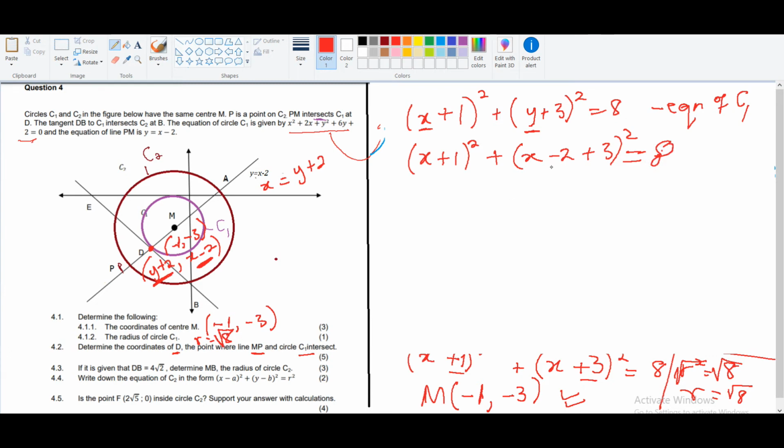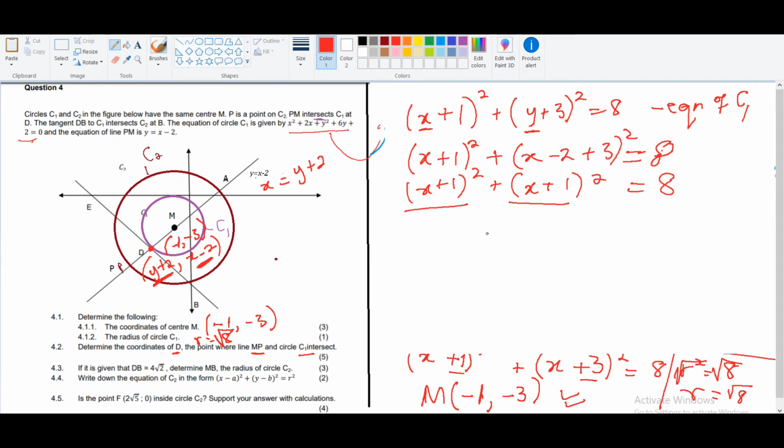Then what do we have? This is (x plus 1) all squared plus (x minus 2 plus 3, that is x plus 1) squared equals 8. So you see these brackets are the same thing, right?